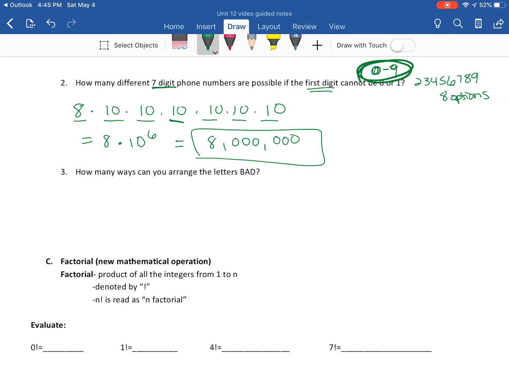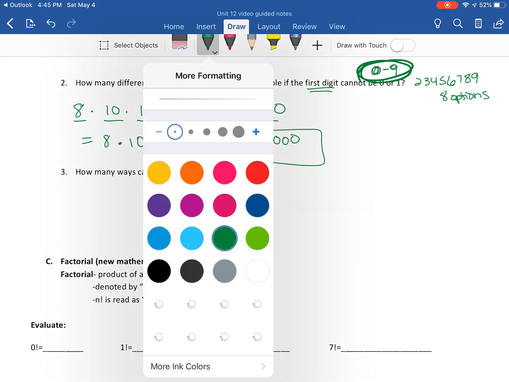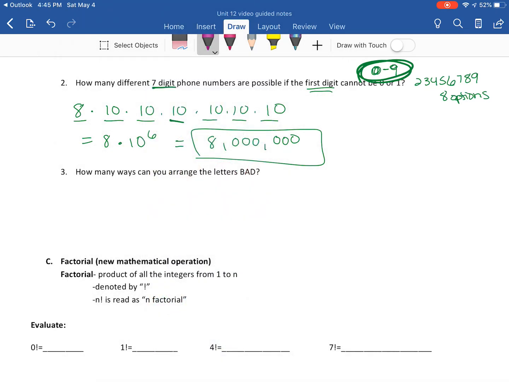Okay. Number 3, how many ways can you arrange the letters in the word bad? Well, this is, again, somewhere where we could list out all of the different possibilities. It wouldn't take us too long. However, we could just multiply. We have 3 different spots. So for that first letter, we have 3 options.